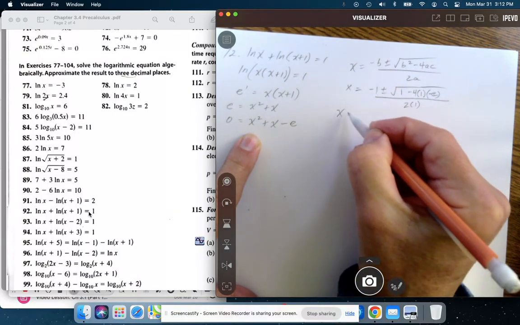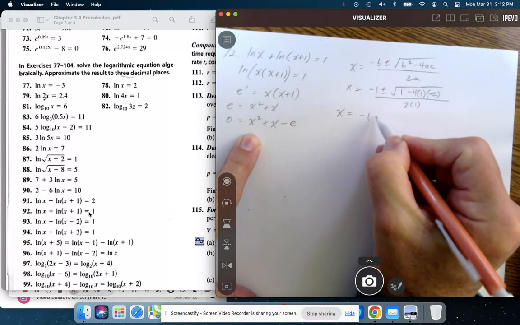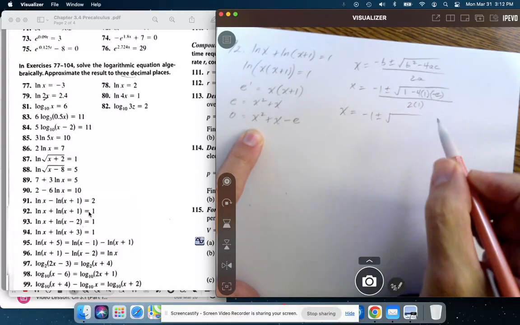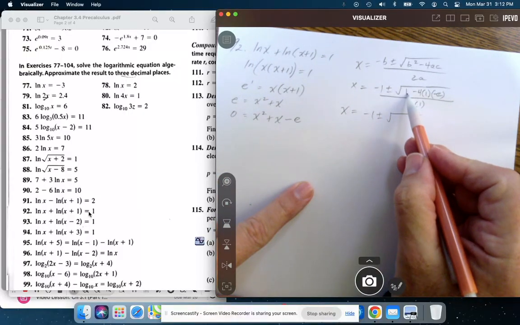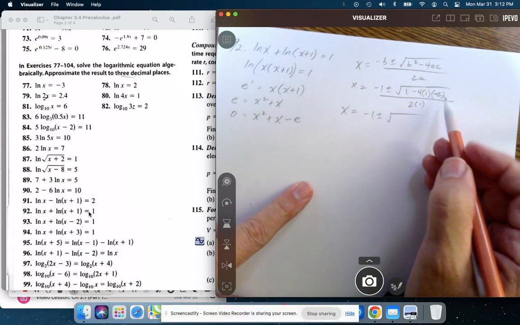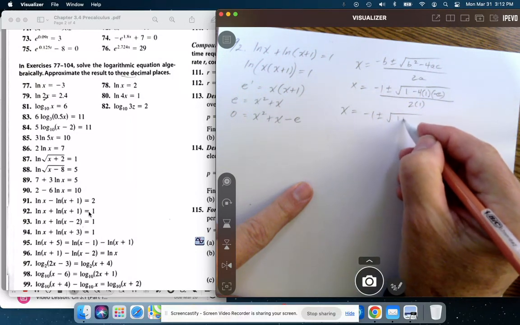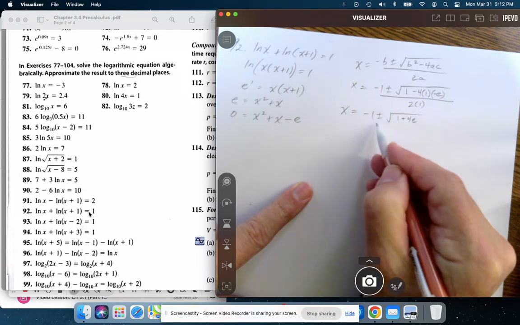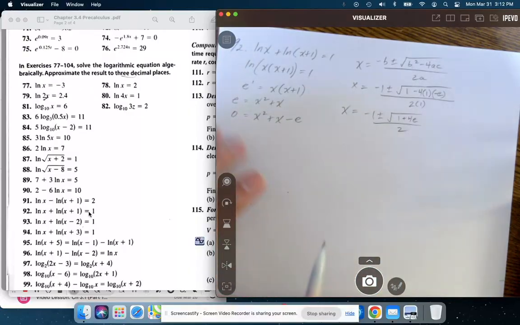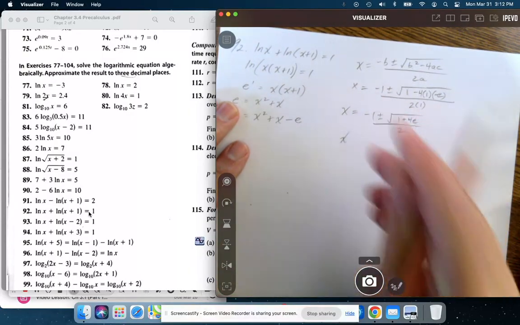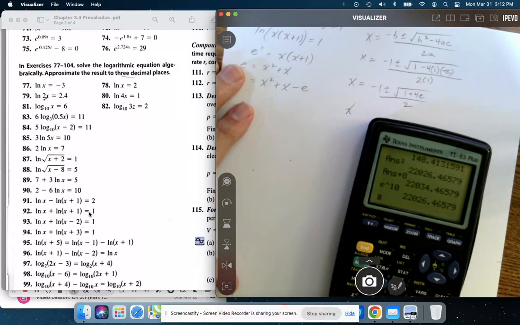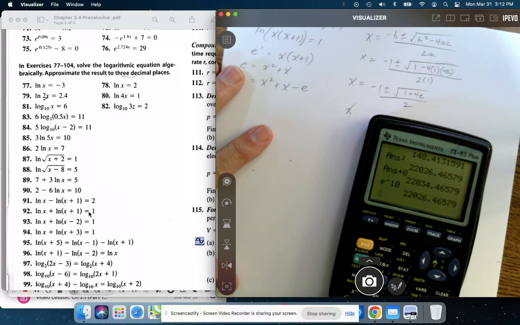So let's see, x equals negative 1 plus or minus the square root. This is what, 1 plus 4e over 2. I've got two answers here, right?